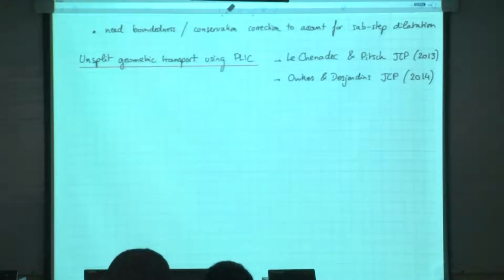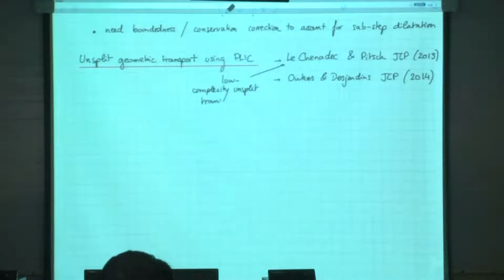Both papers look at fairly similar questions. This one is probably the lowest complexity, so low complexity unsplit transport, but it is not conservative. So this entire idea of having a volume of fluid and tracking the volume of the liquid, it's all fine and good, but if you track the volume of the liquid but you don't conserve it, it defeats the purpose.